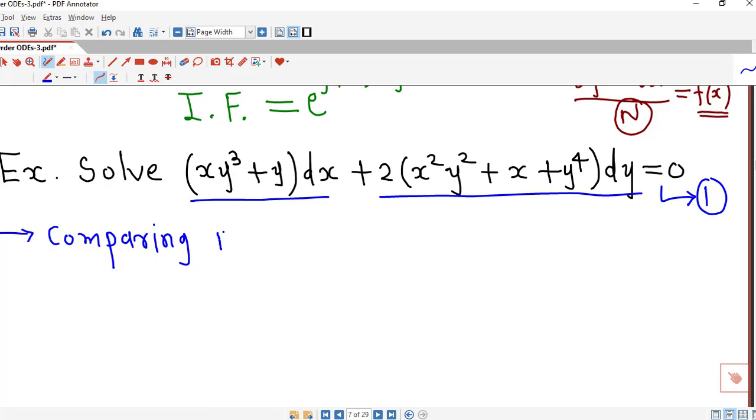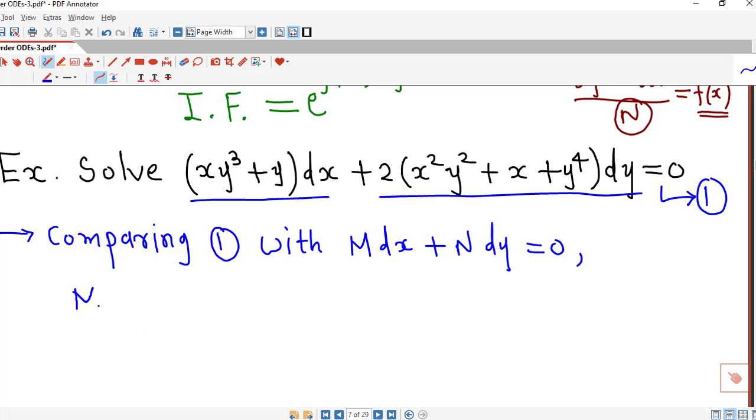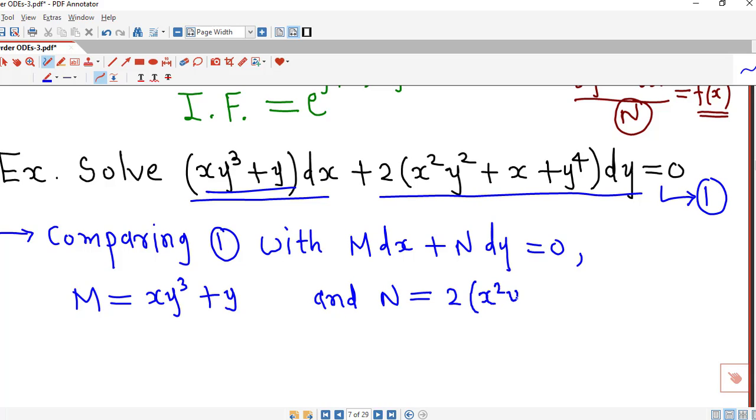Comparing equation 1 with M dx plus N dy equals 0, we have capital M as the coefficient of dx, which is xy cube plus y, and capital N as the coefficient of dy, which is 2 times x square y square plus x plus y raised to 4.